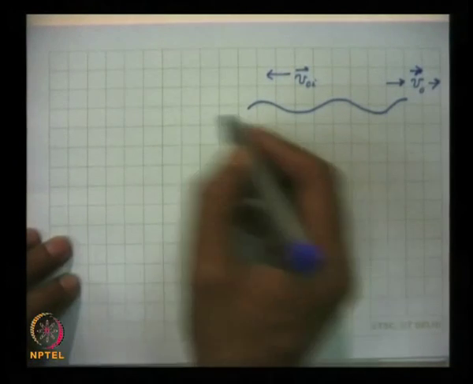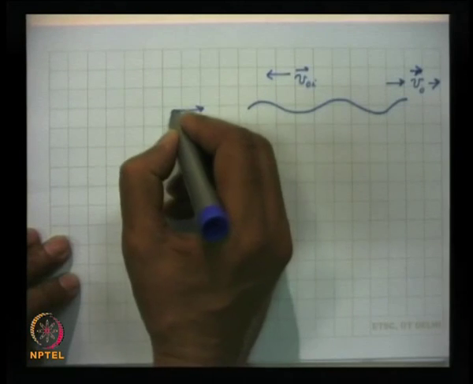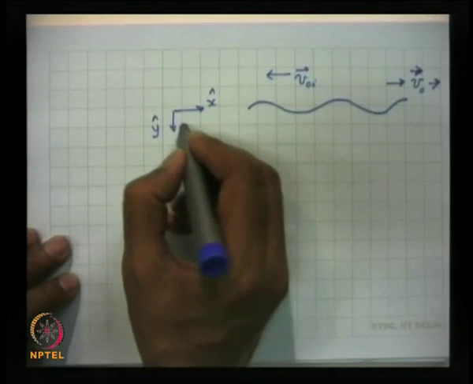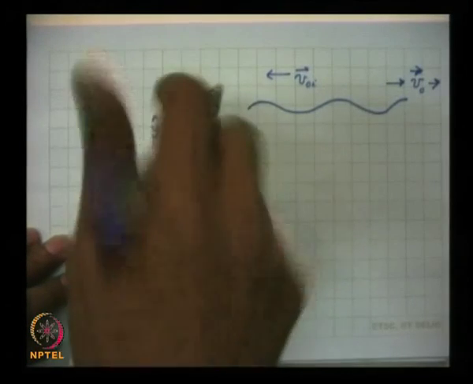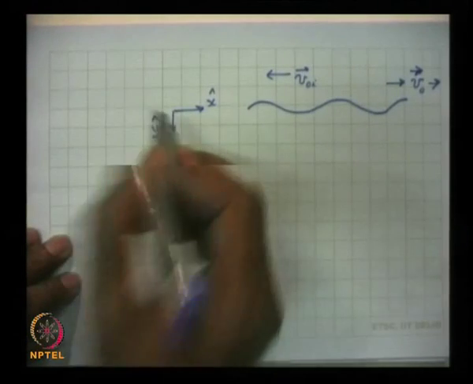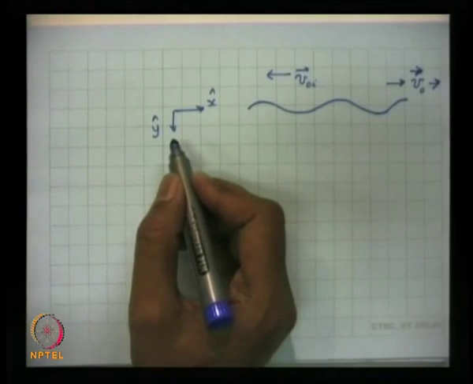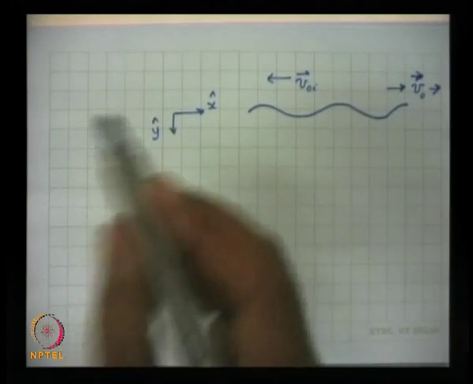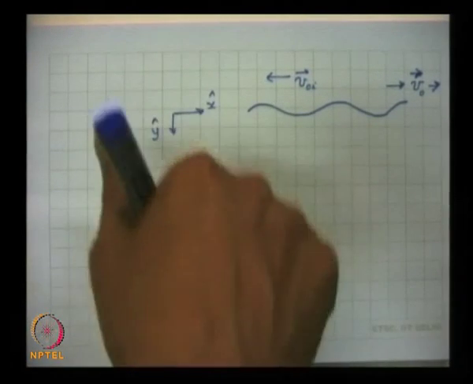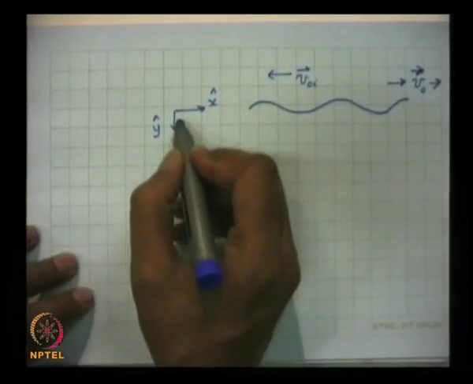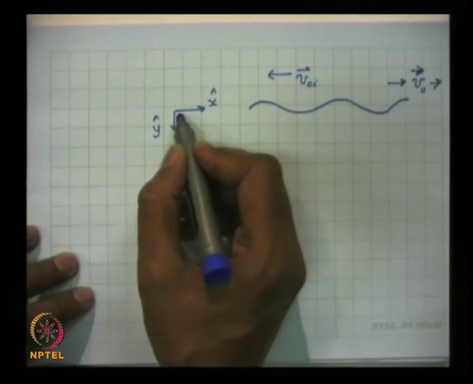Z direction is where? Let me just understand this. X direction is here, y direction I am taking downwards. So x cross y is above the paper, in the vertically upward direction, perpendicular to the plane of the board. No, into the plane of the television.